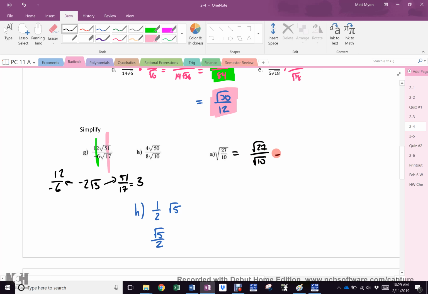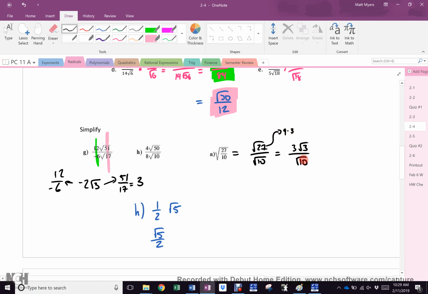What should I do right now, like always? Simplify. What there simplifies? Becomes what? 9 times 3. Right? What's the square root of 9? 3 root 3 over root 10.